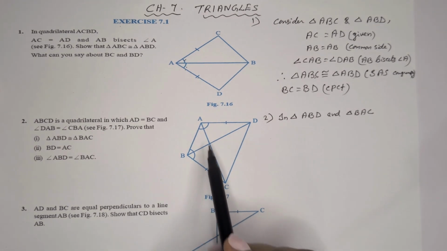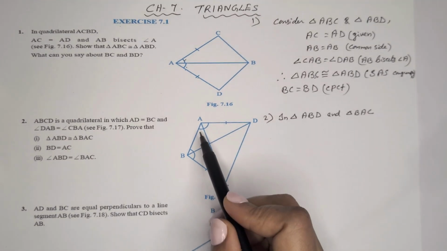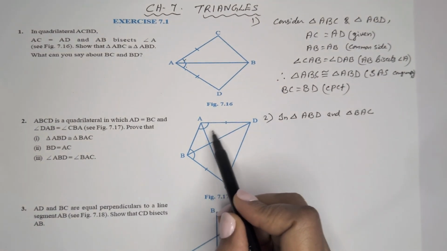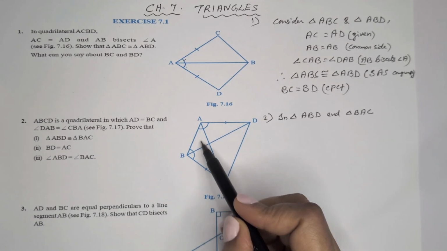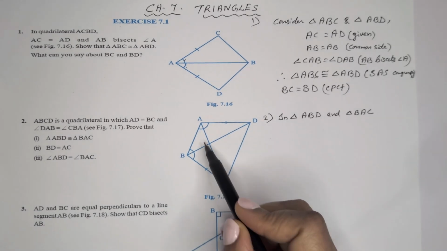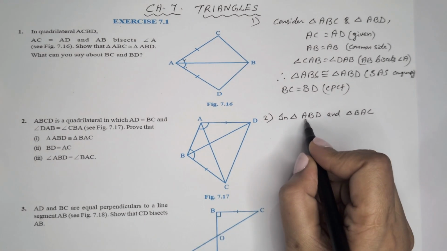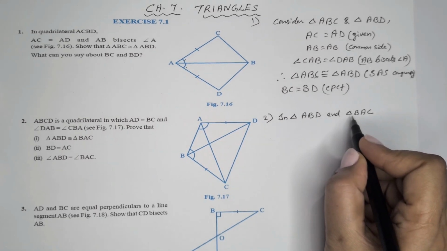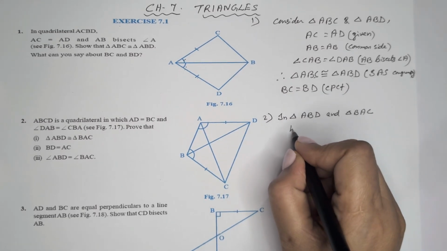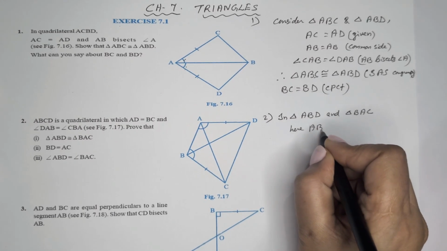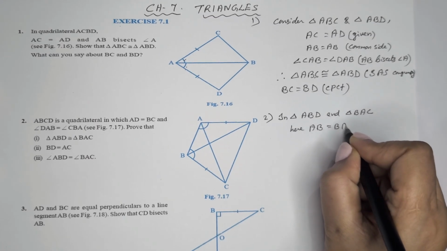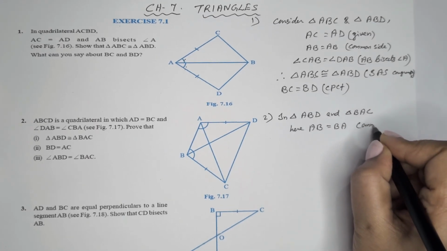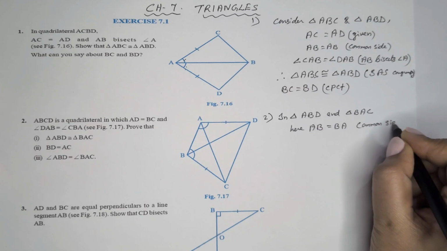First we have to consider these two triangles. Here we can see AB is common in both triangles. So AB is equal to BA, common side for both the triangles.